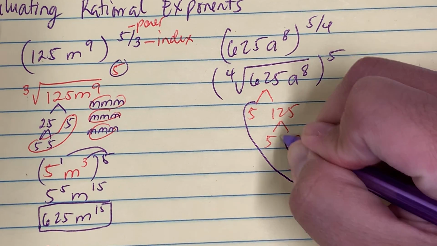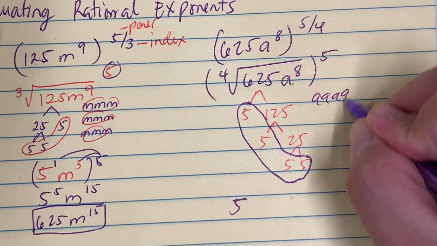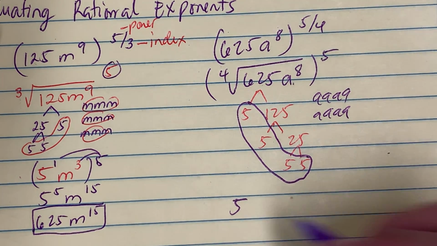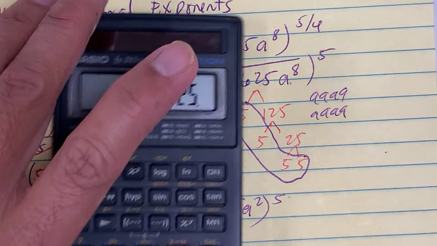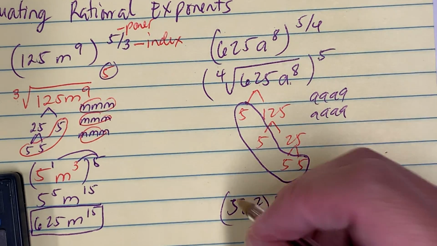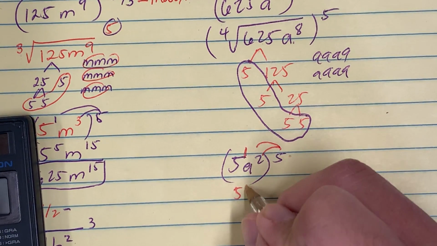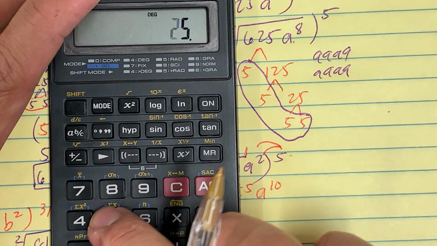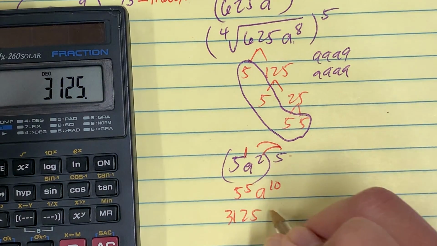One set of 5 there, so a 5 will go out. For a8, there will be 2 sets of 4 a's, so that will be a squared, but there's a 5 waiting for you there, so make sure you put a 1 there and distribute the 5 to the fifth power, a to the 10th. 5 times 5 times 5 times 5 times 5 is 3,125 a10.